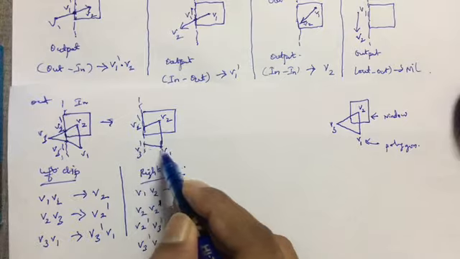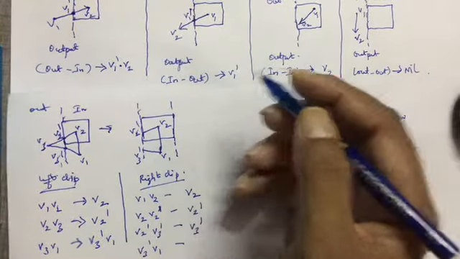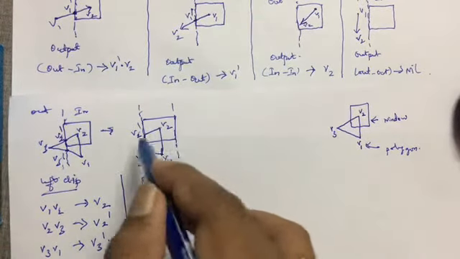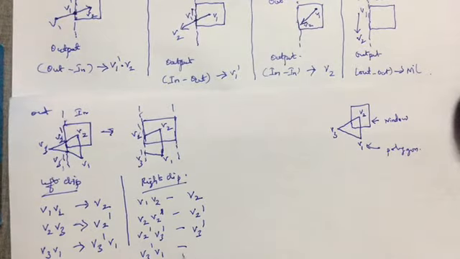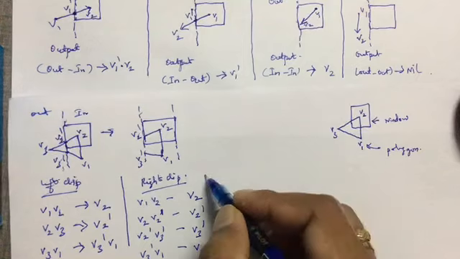This edge is also safe because we are doing right clip, the second step. All the edges are inside the window, inside the margin. So V3 dash to V1, the output will be V1.